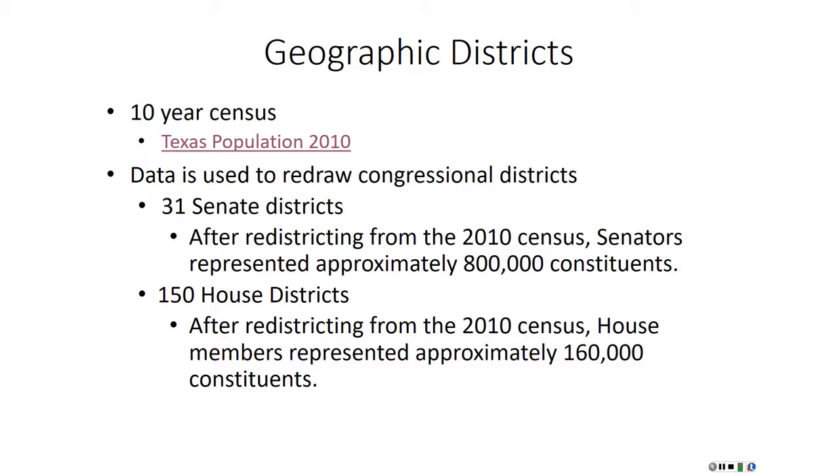How many senators do we have in the Texas State Senate? Well, if we only have one senator per district, and we have 31 Senate districts, we have 31 senators. Same thing for the House. 150 House districts, we have 150 House members.